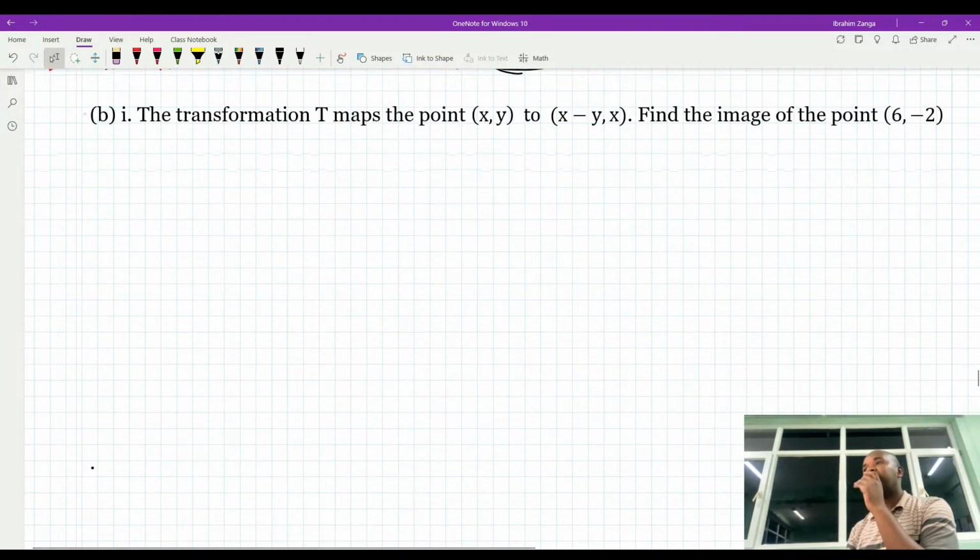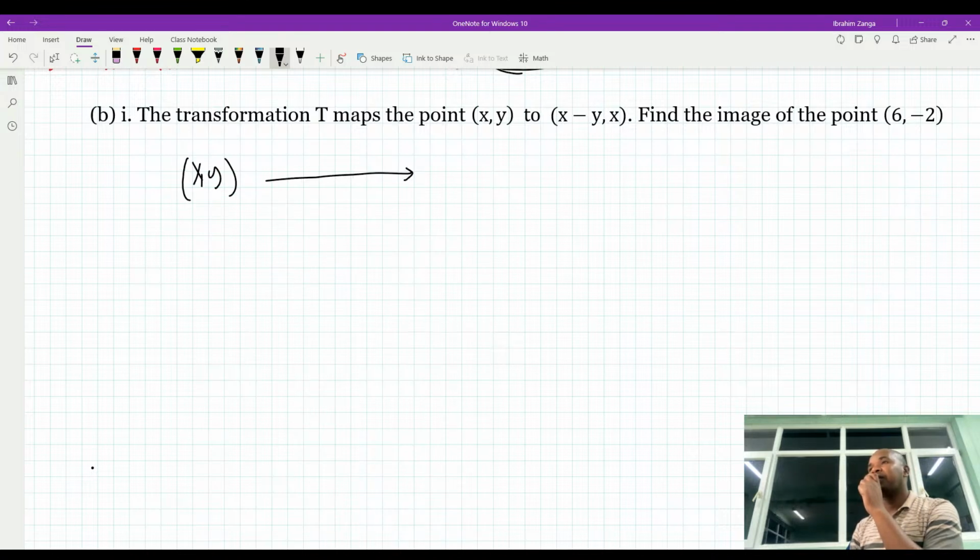The transformation T maps the point (x, y) to (x minus y, x). So basically you have (x, y). When you have (x, y), the transformation T is such that you'll be getting (x minus y, x).